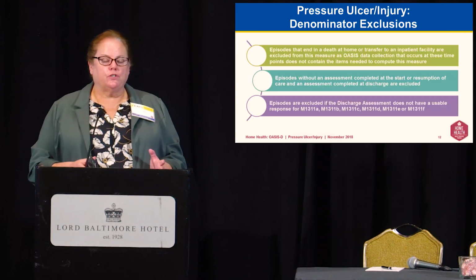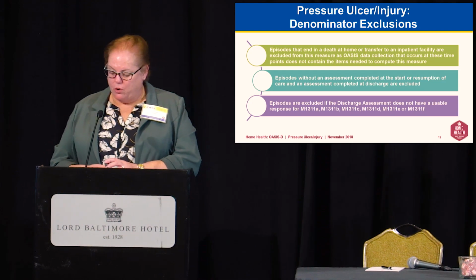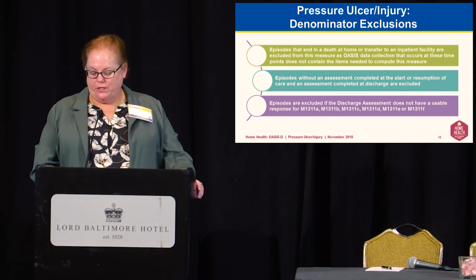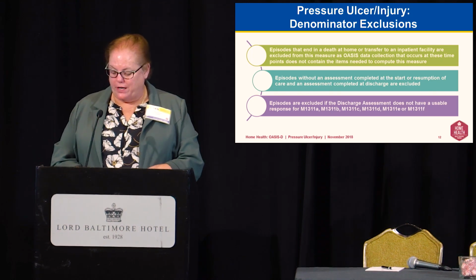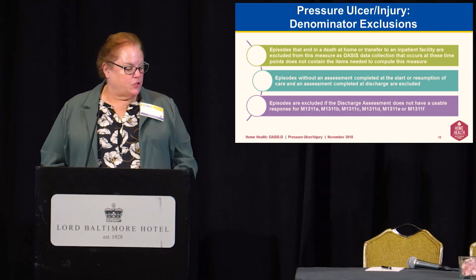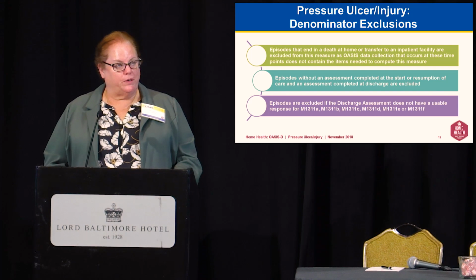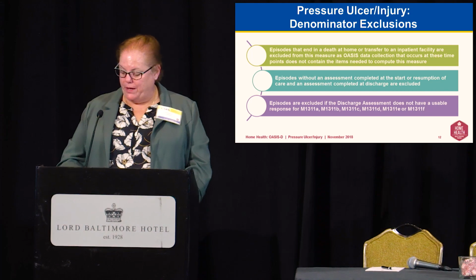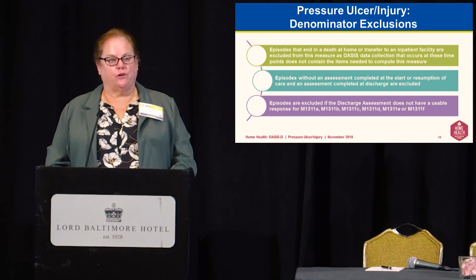So what are the exclusions for this measure? Well, episodes that end in a death at home or transfer to an inpatient facility are excluded from the measure, as OASIS data collection that occurs at these time points does not contain the items needed to compute the measure. Episodes without an assessment completed at the start or resumption of care and an assessment completed at discharge are excluded.